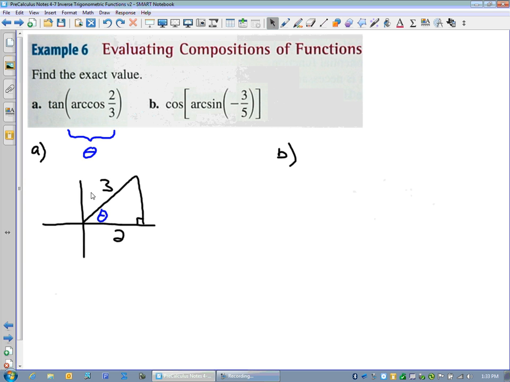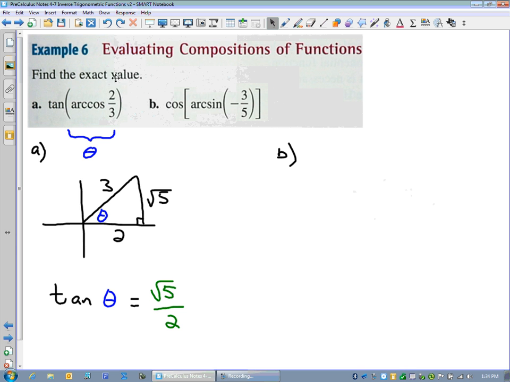So 3 squared is 9, minus 2 squared, which is 4, 9 minus 4 is 5, so this would be the square root of 5. Now that I have a visual representation of theta, I can answer the question, because it's asking for the tangent of theta. I still have no idea what theta is, but it doesn't matter, because the tangent of theta is simply opposite over adjacent, which is root 5 over 2.